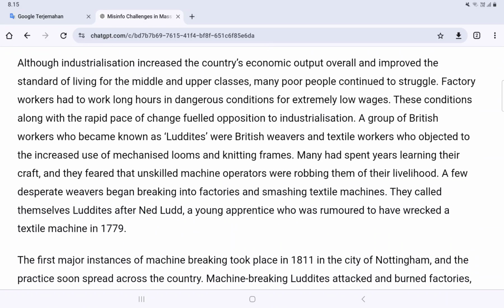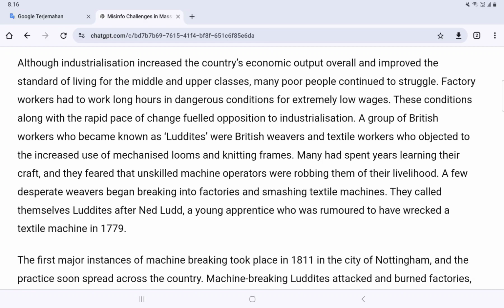Although industrialization increased the country's economic output overall and improved the standard of living for the middle and upper classes, many poor people continued to struggle. Factory workers had to work long hours in dangerous conditions for extremely low wages. These conditions, along with the rapid pace of change, fueled opposition to industrialization.